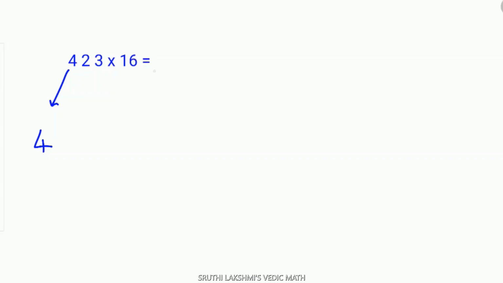Because the number 16 has a 6, so we take that 6 from 16. So 4 times 6 plus the next digit 2. 4 times 6 is 24 and 24 plus 2 is 26. So carry the 2 and write down the 6.